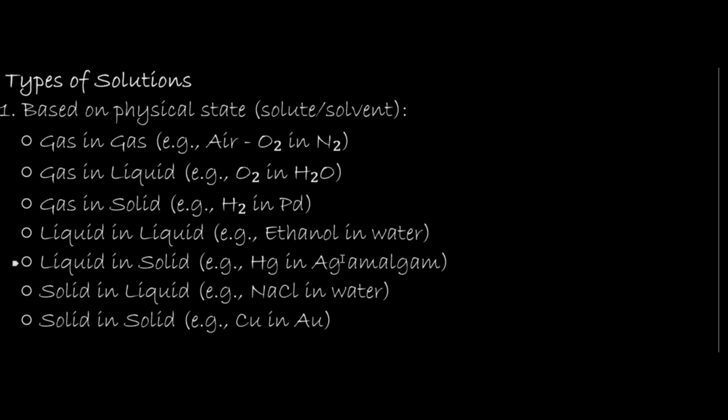Gases in gases. The simple example is the air surrounding us, the environmental air. O2 is there, N2 is there, some small amount of hydrogen is there, right? All together they are mixed, forming a homogeneous mixture. So that is an example of gases in gases. Solute is also gas, solvent is also gas.